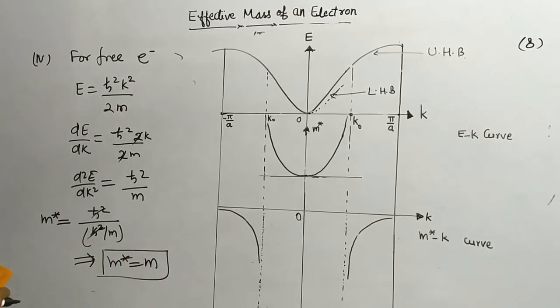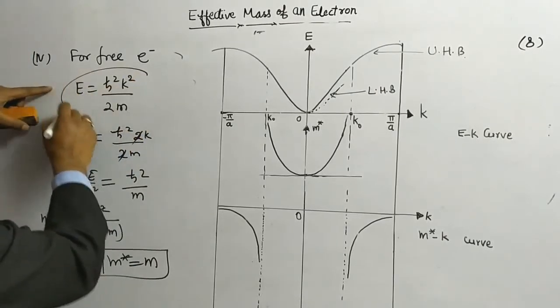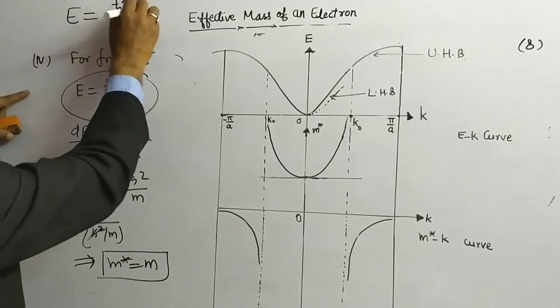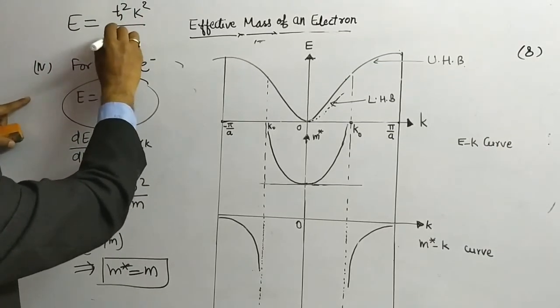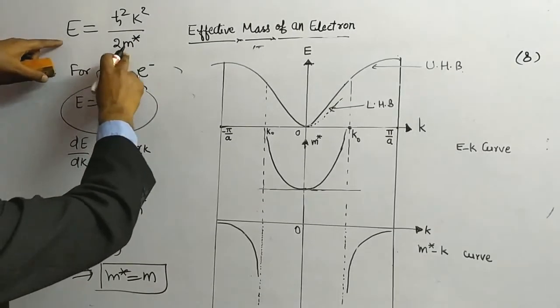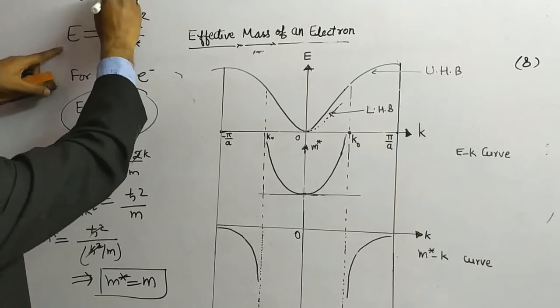It means that when the electron is moving in a periodic potential, its energy can be written as h bar square k square upon 2m star. This is the energy of an electron in a periodic potential.